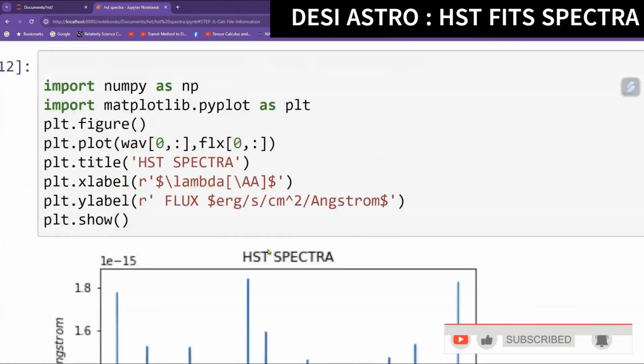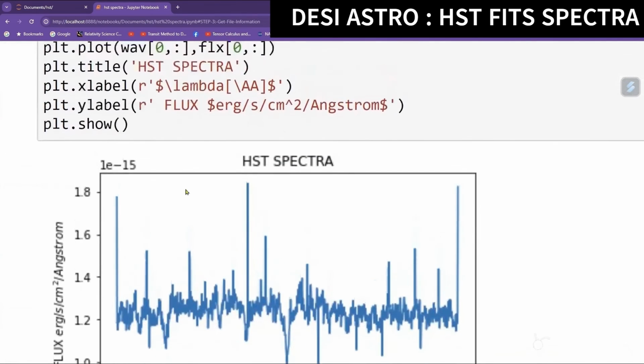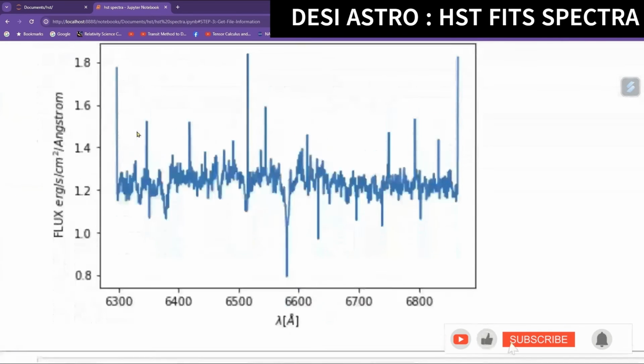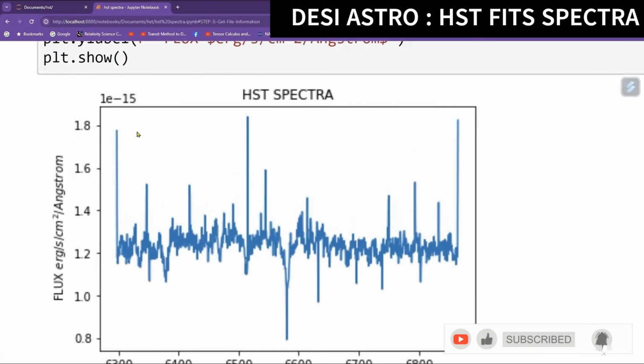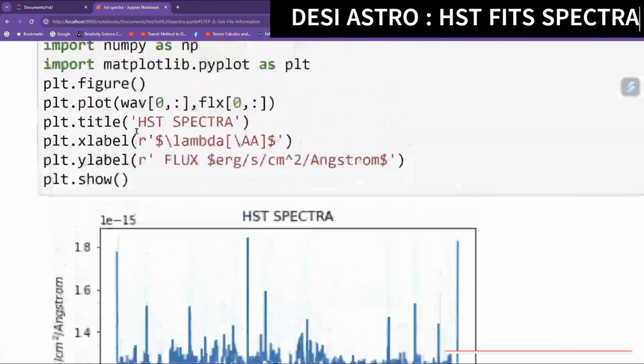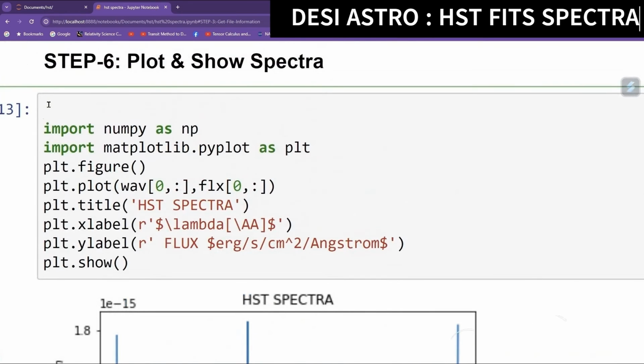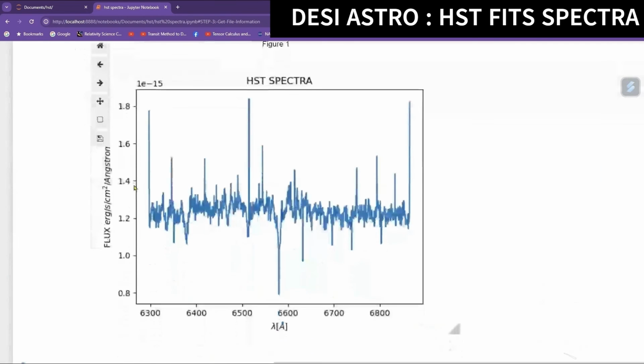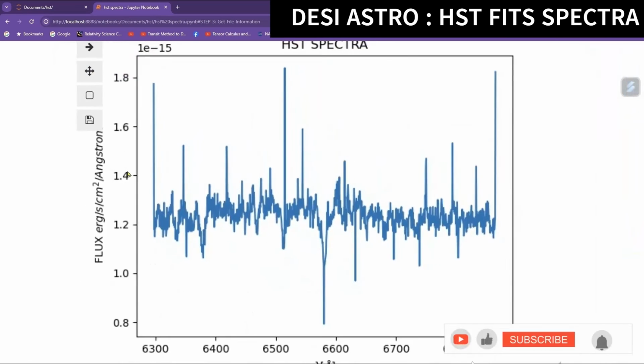Okay, so here it is. Now you can zoom this plot if you want. So add here percent matplotlib widget, and you can see you got some buttons.